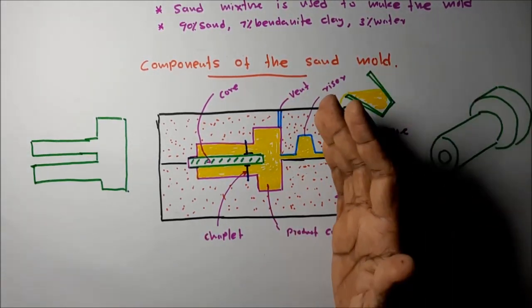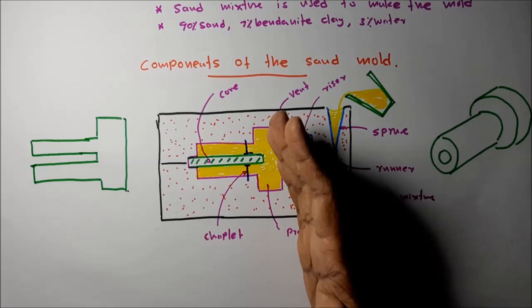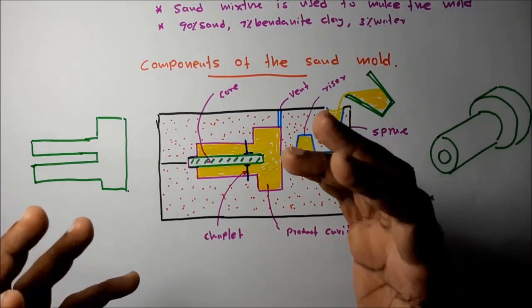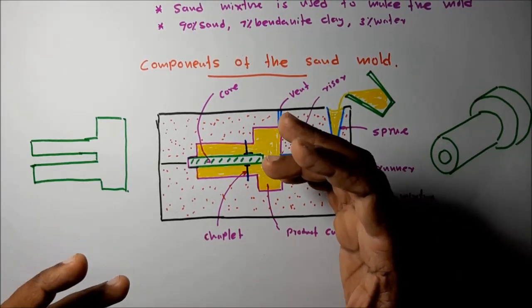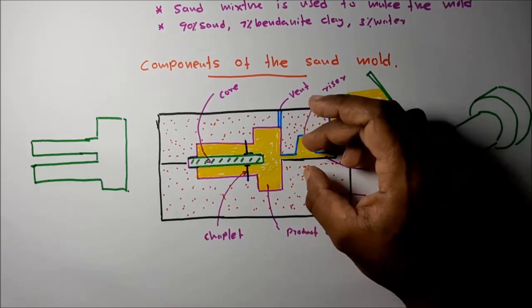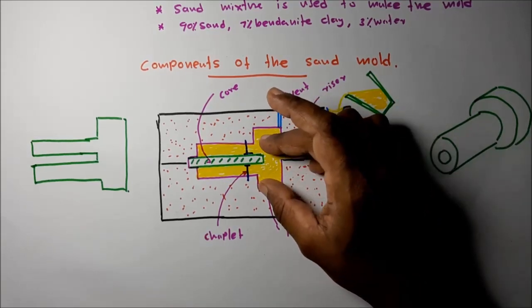Every metal, most of the metal except a few, when it solidifies, the total volume shrinks. This riser keeps molten metal until the part completely solidifies.